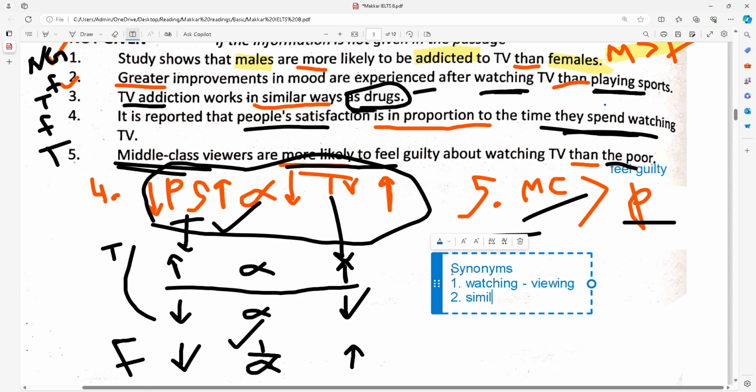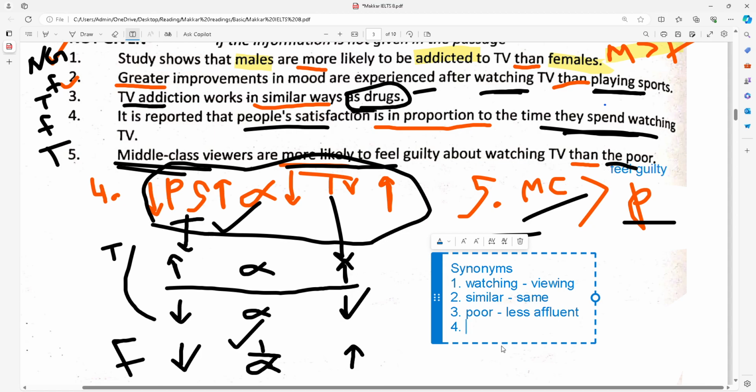They gave the same synonym. Let's see next. People satisfaction. People were more satisfied. Okay, there was nothing. Middle class. Okay, for the poor they said less affluent. I think there were some more synonyms also, but I'm able to recall only these right now.